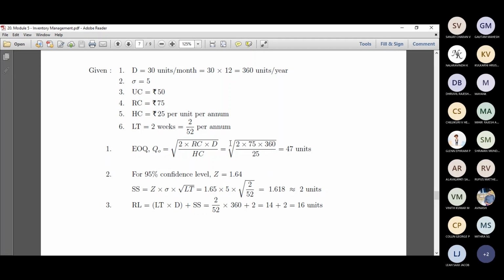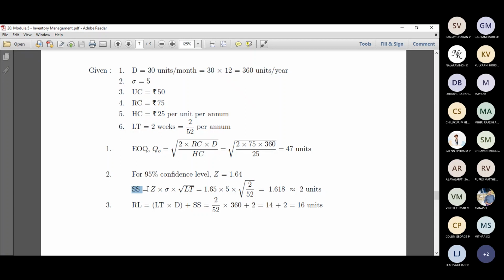Sometimes you need to memorize a few values of Z: for 95% it equals 1.64, and for 98% confidence interval Z equals 1.88. You can remember those two values, or take the values from the table.